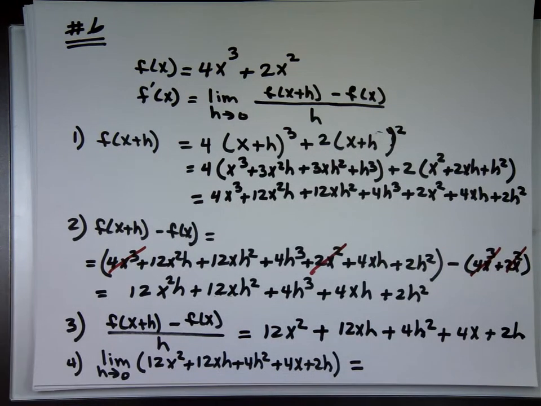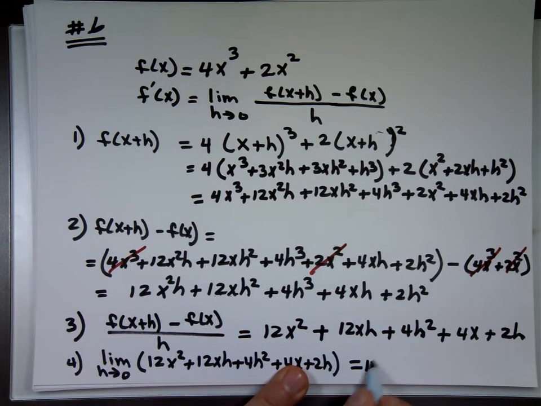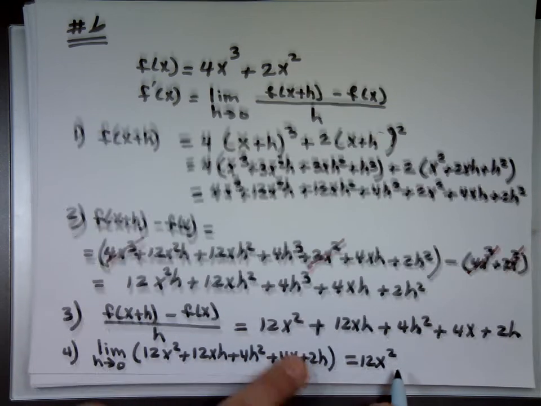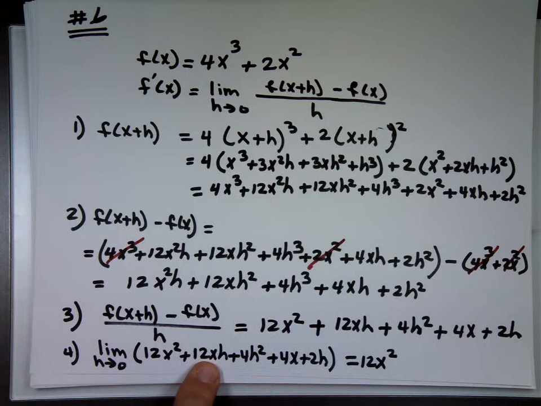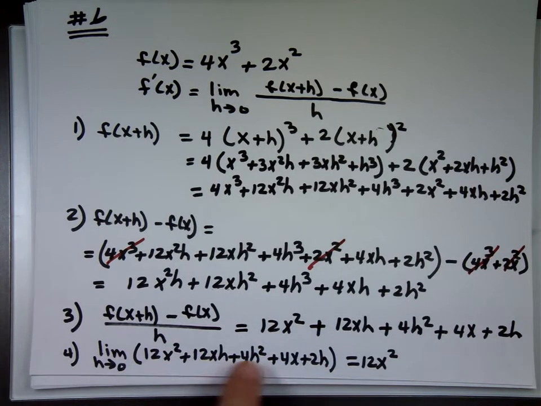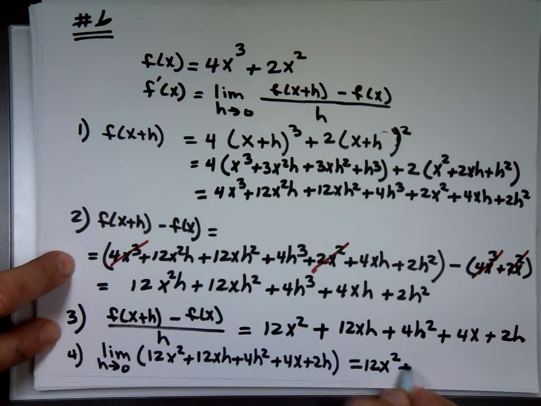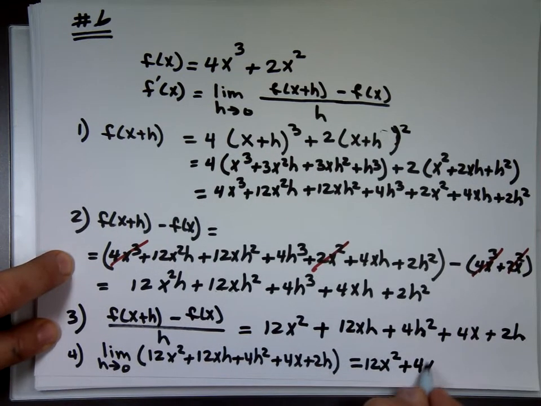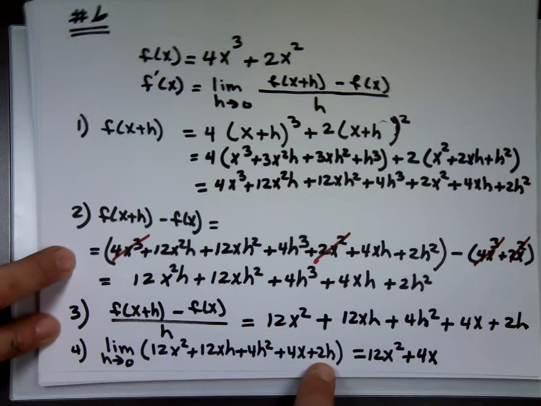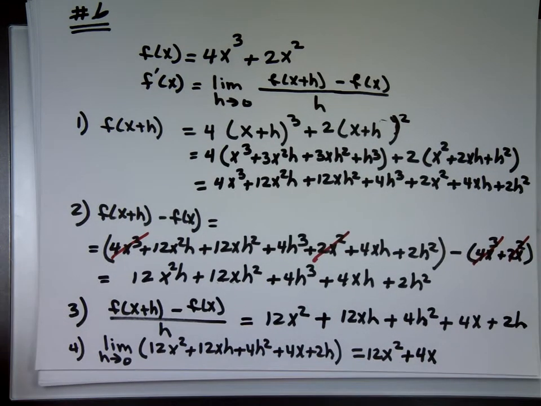The 12x squared doesn't change, there's no h in it. What happened to this piece? 0. What happens to that one? 0 plus the 4x. And what happened to 2h? 0. So anything that has h in it will go to 0, and you end up with that answer.